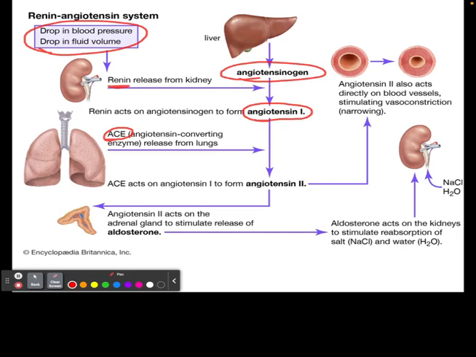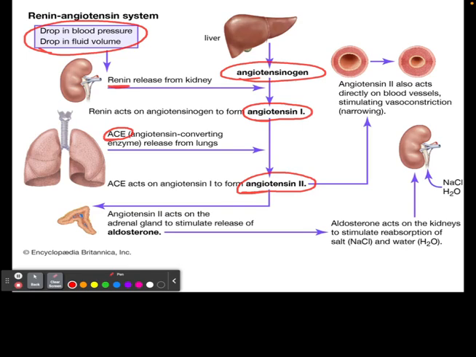Once those come together, ACE is going to turn angiotensin 1 into angiotensin 2. So let's just stop here for 1 second. We can see that renin by itself is not doing the job. It needs to work with other hormones and other enzymes in order to create angiotensin 2.